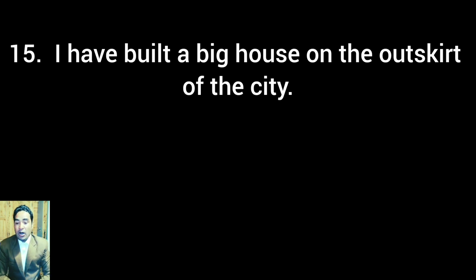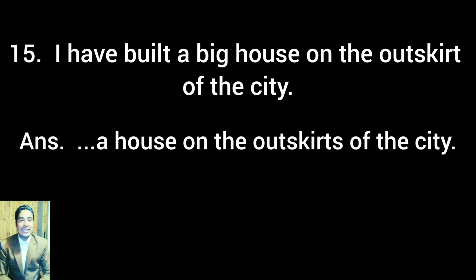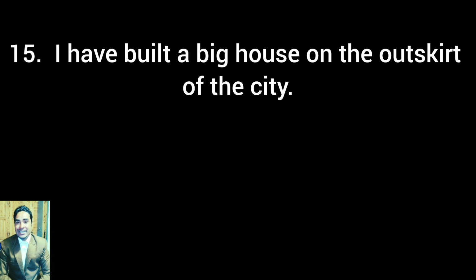I have built a big house on the outskirts of the city. The answer is: I have built a big house on the outskirts of the city, not outskirt. Guys, point to be noted, there are some words that give us a different meaning when used in singular and in plural form.